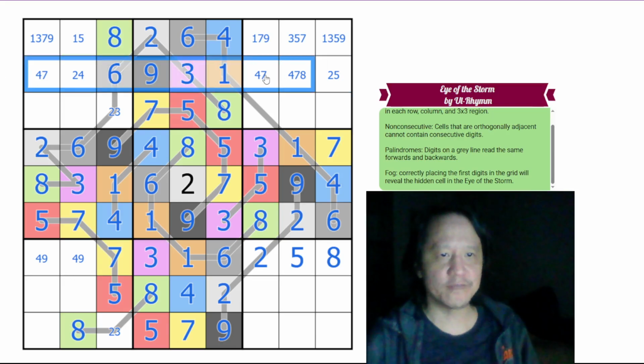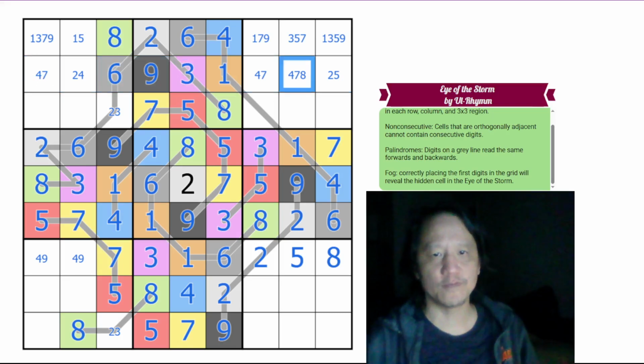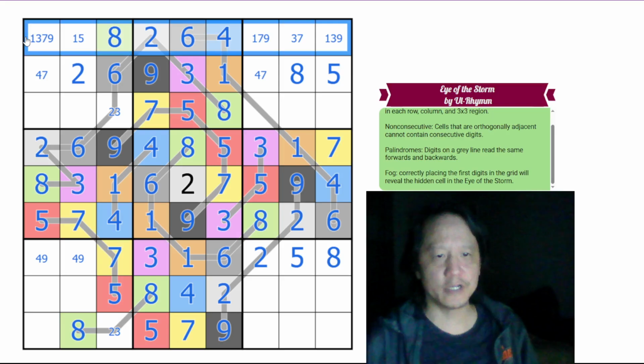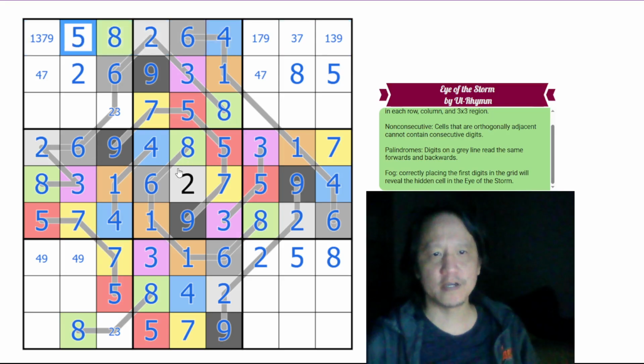We have a 4, 7 pair in row 2, which eliminates 4, 7 in the rest of the row. This can't be 4 or 7. This is 8. This can't be 4. It's 2, which makes this 5. This can't be 5 anymore because of the 5 in the box. Where's the 5 in row 1? It has to be here, so this is 5. 7 cannot be consecutive with 8, so this is 4. This is 7.